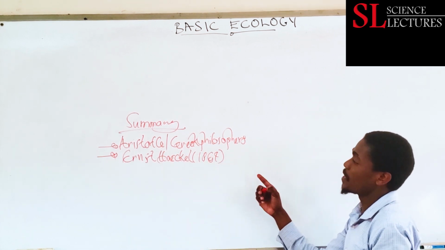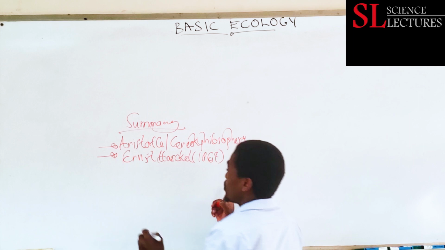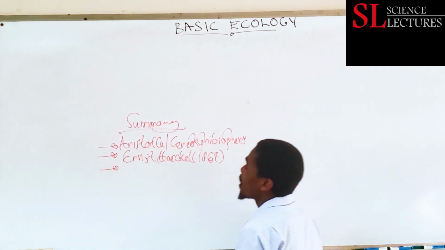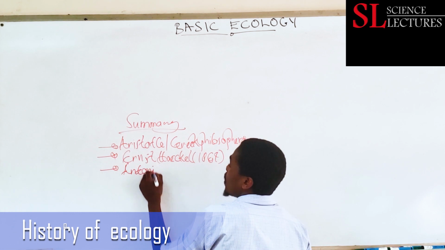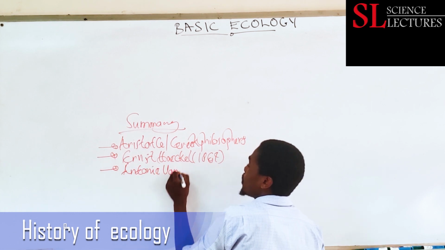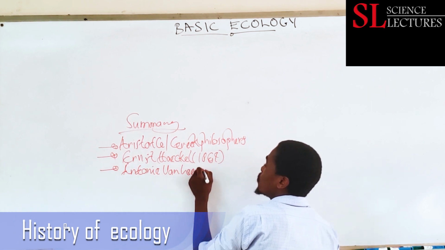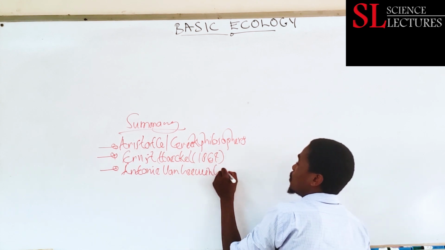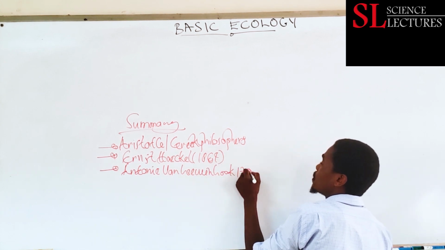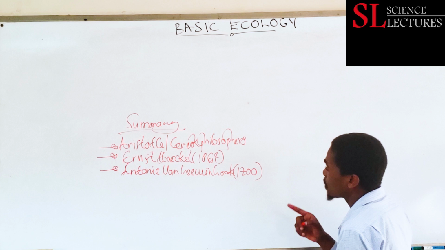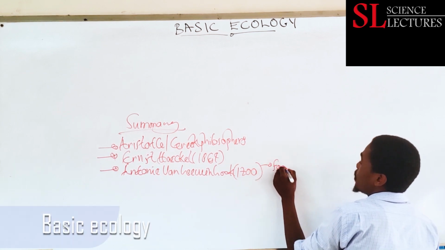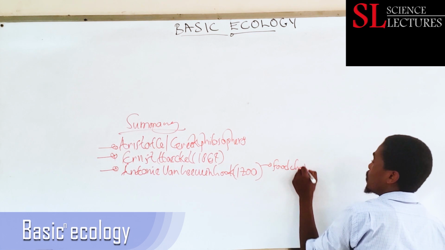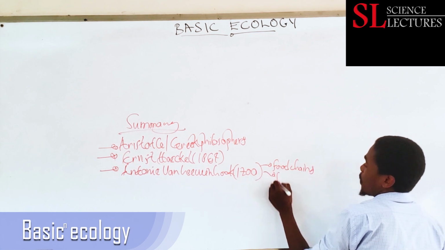But before Haeckel coined the term, scientists like Anton van Leeuwenhoek, the father of microbiology, in around the 1700s, had already studied topics of ecology like food chains and population structure.